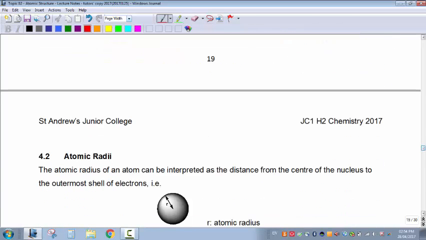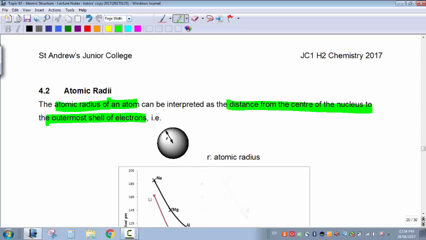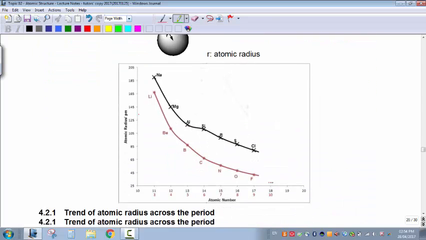Now, the same explanation that you use for ionization energy can also be used for atomic radii. First thing, what is the definition of atomic radii? Atomic radius of an atom is the distance of the nucleus to the outermost shell of electron.